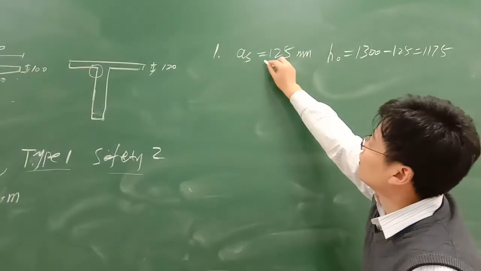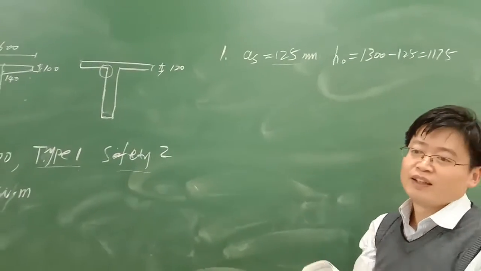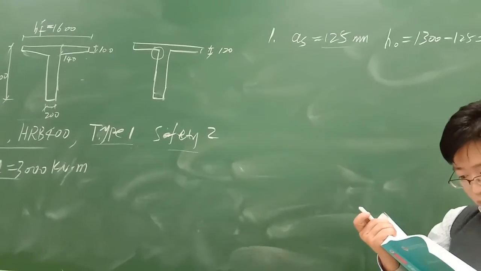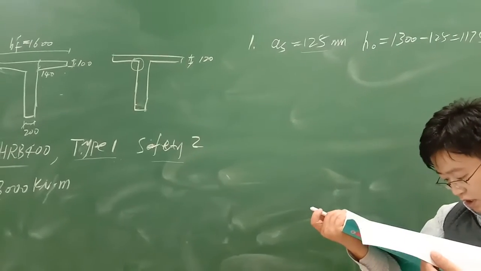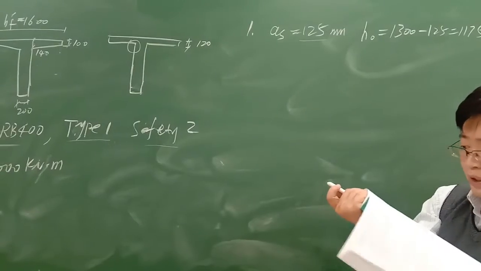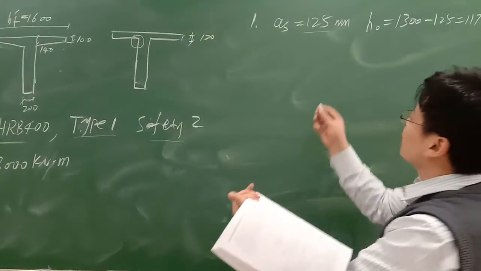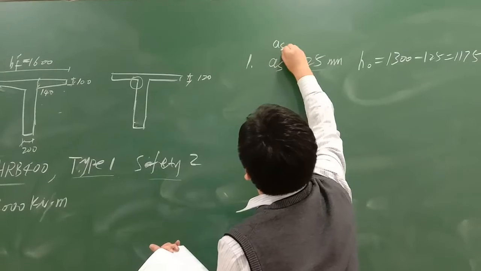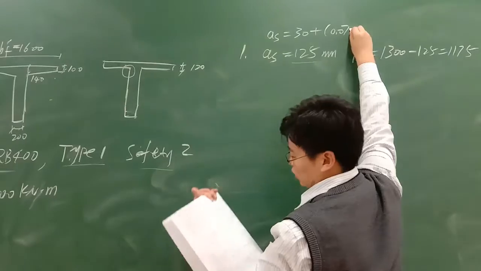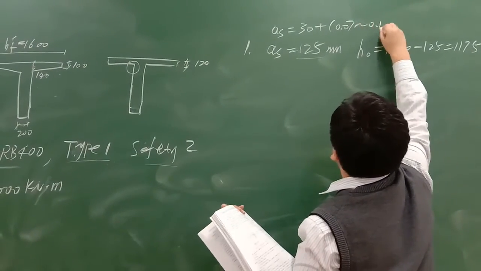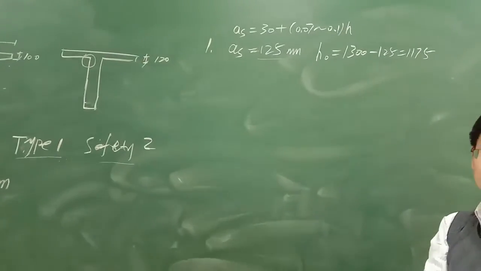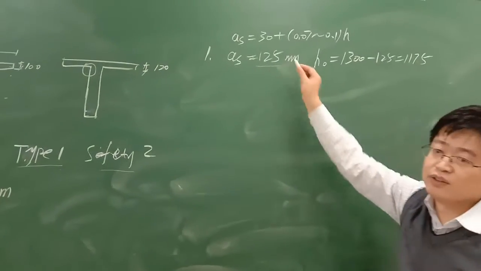Do you know why we use this 125? Because the section is really large. You should remember that in your book, at the top of page 75, we have this relation for how to assume as: as normally equals 30 plus 0.07h, for T shape. So that's why we use this value.